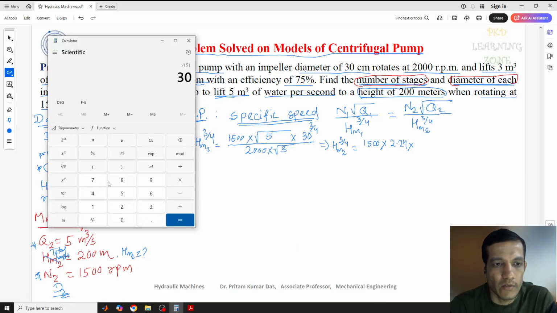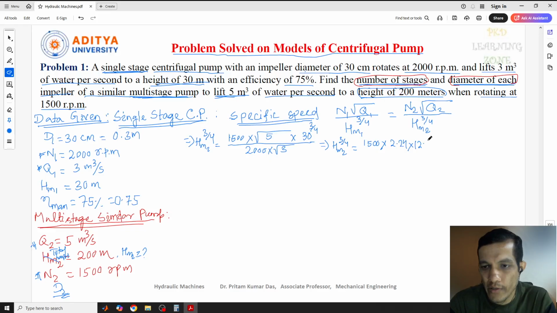Yeah, 30, we can write to the power function, bracket start 3 by 4 bracket close. Okay, so this will get 12.818.